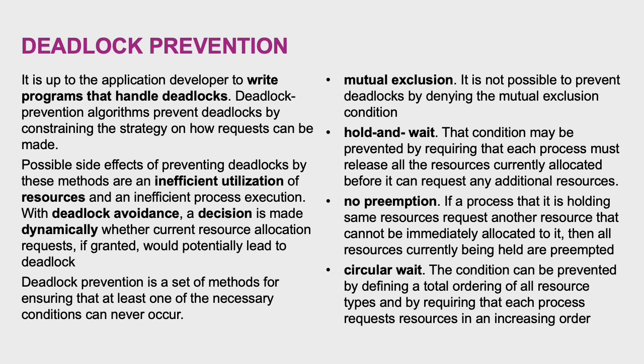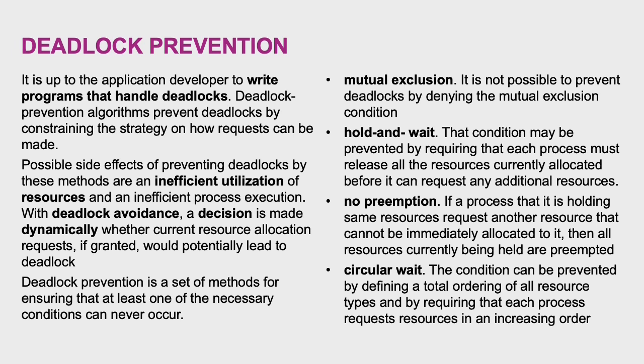Here, our focus is on providing you some basic tools that you can immediately apply in your programming activities, and as a consequence we focus on the so-called deadlock prevention. By deadlock prevention, we mean a set of methods to ensure that at least one of the necessary conditions for deadlock can never occur.